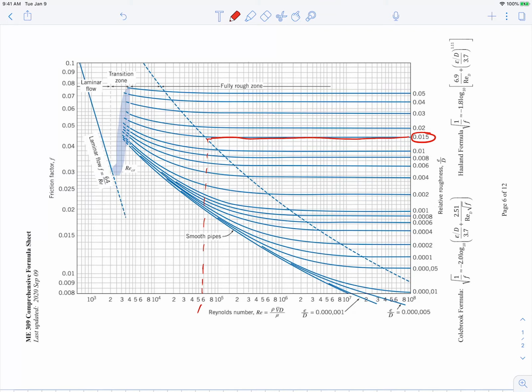Right, so that's about 60,000. And the friction factor, if we're in that fully rough zone, is about 0.044, let's say. Okay, so we're going to use 0.044 as our friction factor, and then we'll come back later and just check to see if we're above that Reynolds number.